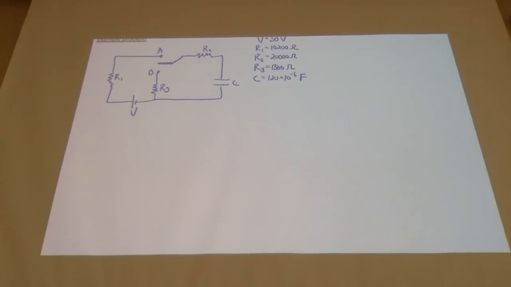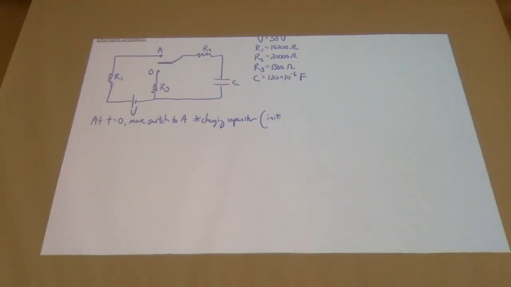So let's describe what we're going to do. We are going to start at time equals 0. We're going to move the switch to point A. This means we're going to be charging the capacitor.